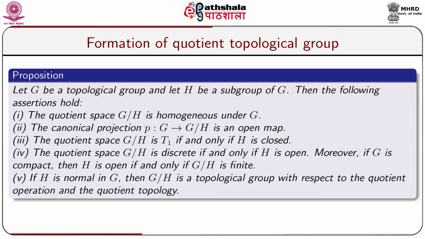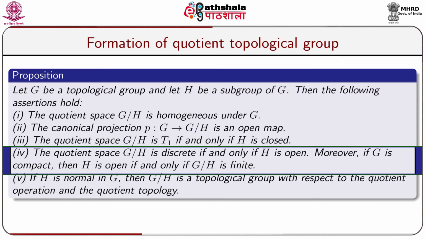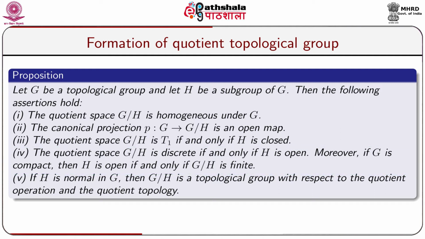The important property is G by H is T1 if H is closed. Another important property is that the quotient space G by H is discrete if and only if H is open. Moreover, if G is compact, then H is open if and only if G by H is finite.